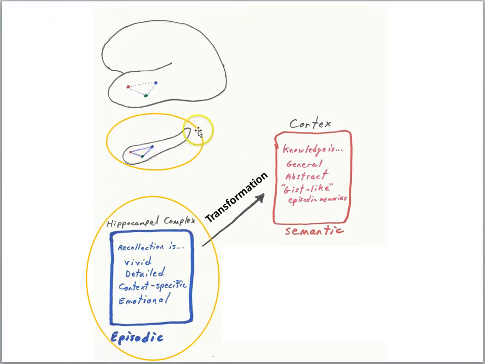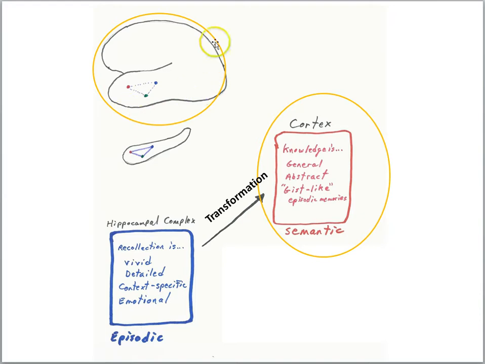The hippocampal system is storing the memory trace that would be activated when we retrieve an episodic memory. But that memory is going to be transformed in a way that a semantic memory can be formed from the information that was learned during that episode. And that would be stored in the cortex.